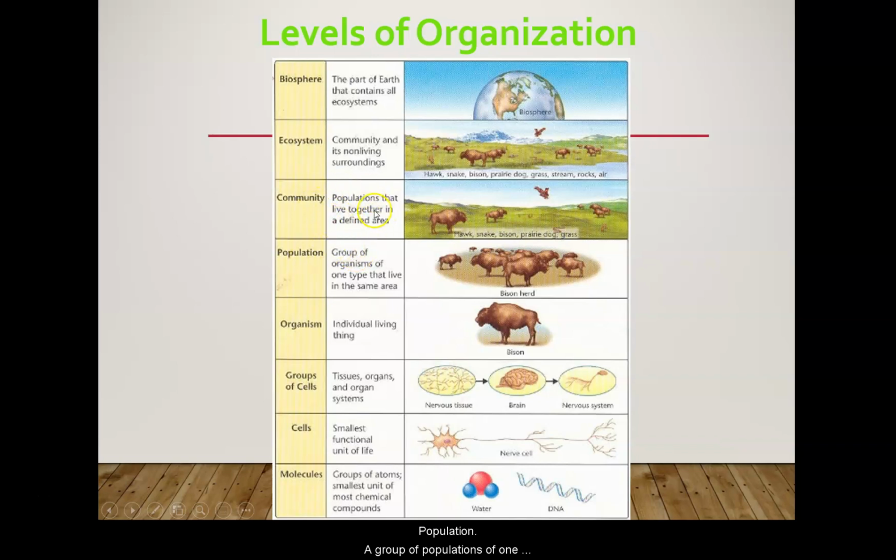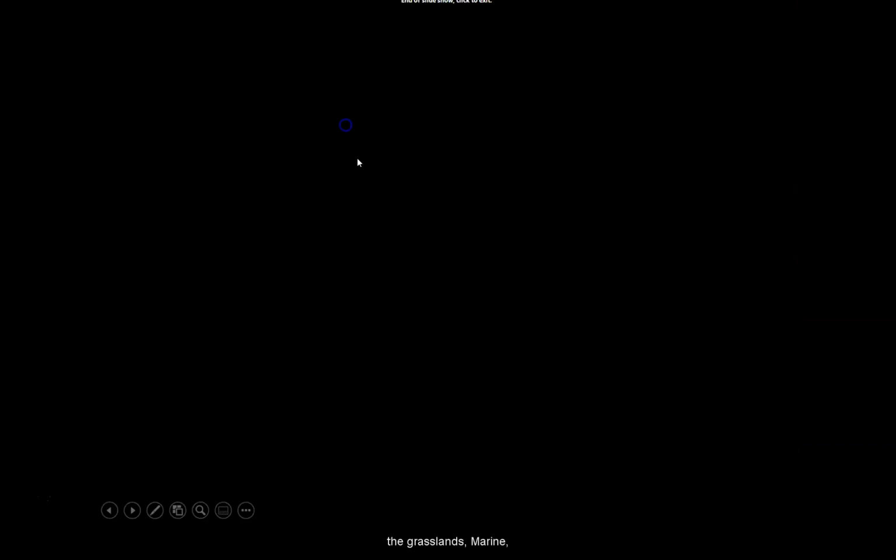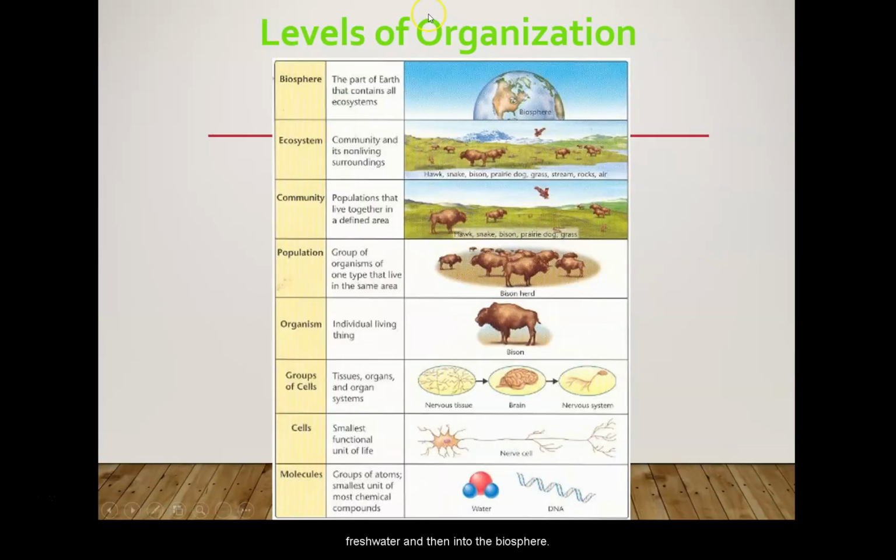A group of populations, so one or more populations of different species that live in a defined area, is a community. And the community with its non-living or abiotic factors and surroundings like air and water, those are abiotic, non-living. Biotic means living. And then of course into different biomes like the tundra, the savannas, the grasslands, marine, freshwater, and then into the biosphere.